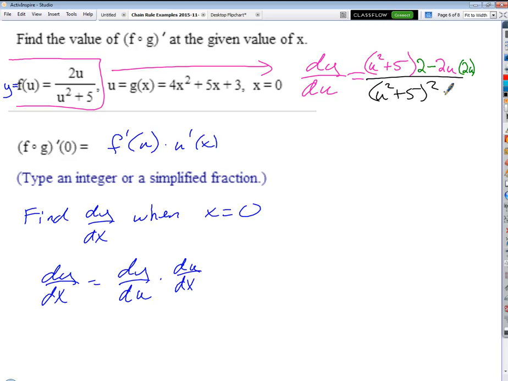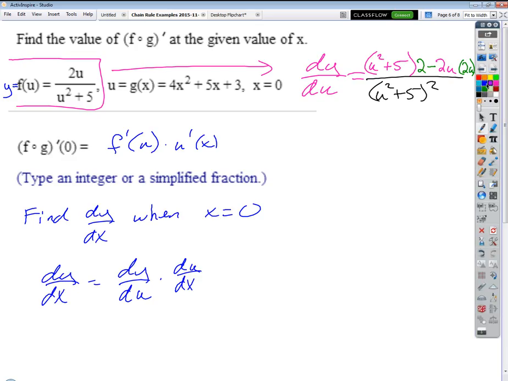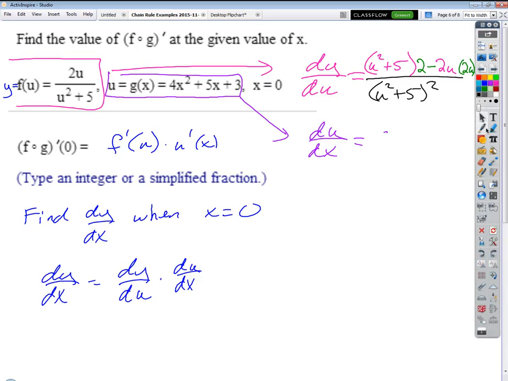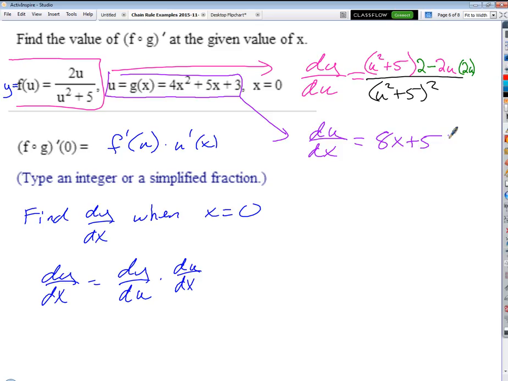Okay. So let's look at this part. Now we've got u equals a function of x, so let's calculate du/dx.